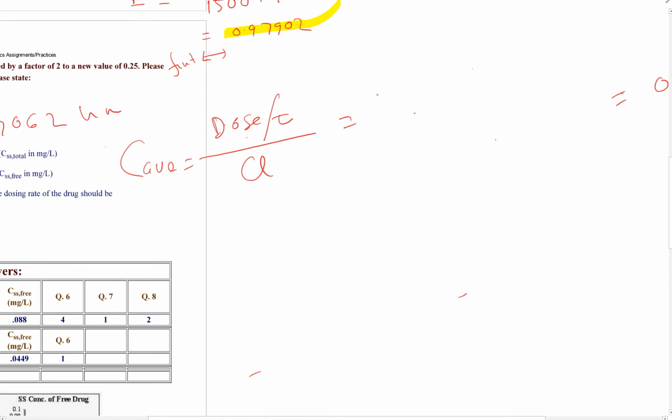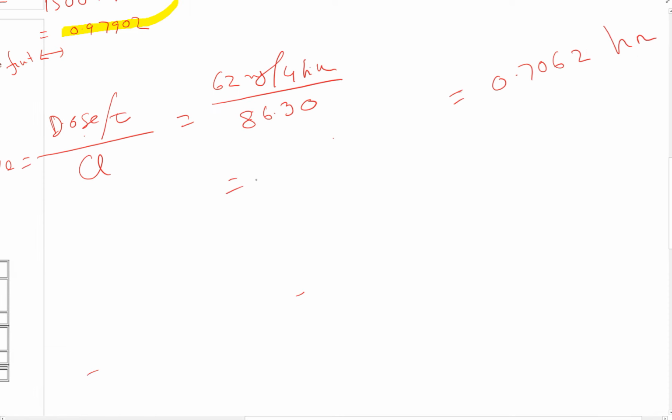So our dose we know is 62 milligram per 4 hour, divided by our new clearance, which is 86.30, is equal to 0.1796 milligram per liter.